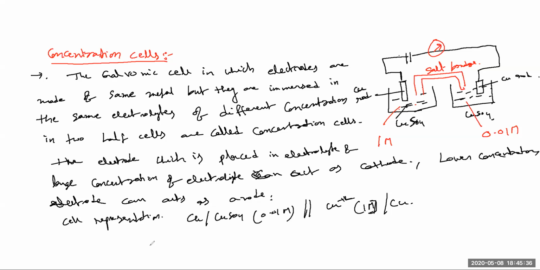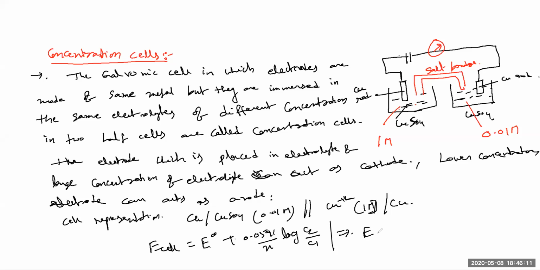Now, what is the next equation to calculate? E cell is equal to E naught minus, okay, E naught plus log of C2 by C1. Finally, it becomes zero. The E naught of copper electrode, E naught of copper electrode, both are same, so the difference should be 0.